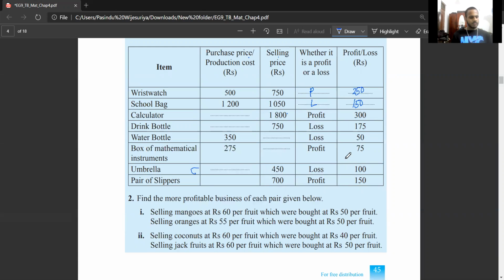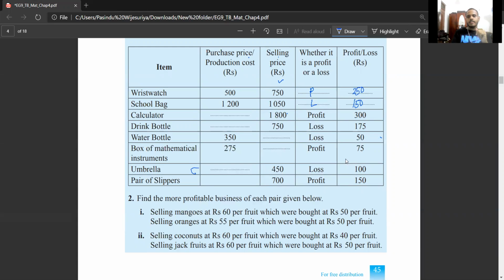So with respect to that, you can see that if it's a profit, the selling price should be higher than the purchasing price.